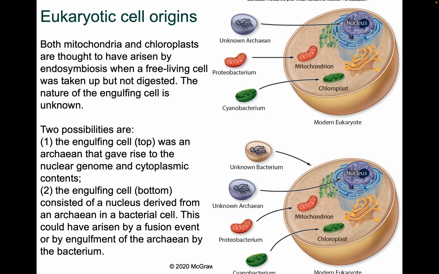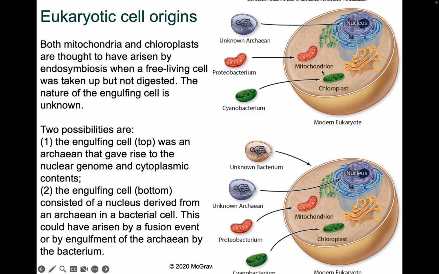So there are two possibilities of what is the engulfing cell. So what is the first cell that first engulfs the other cell to create basically the modern version of a eukaryote? The first theory or possibility is that the engulfing cell is actually an archaean. So it's an archaean, a prokaryote that engulfed some other prokaryote that gave mitochondria or chloroplast.